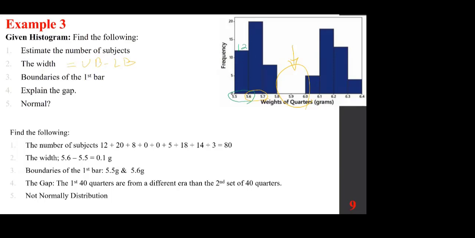The width, as I mentioned, is 5.6 minus 5.5, and the boundaries are given for the first one. There is a gap, and that means there are 2 different groups, from 2 different eras. The first set is 40, the second set is also 40, but from 2 different eras. You can look them up, and clearly it's not normally distributed.